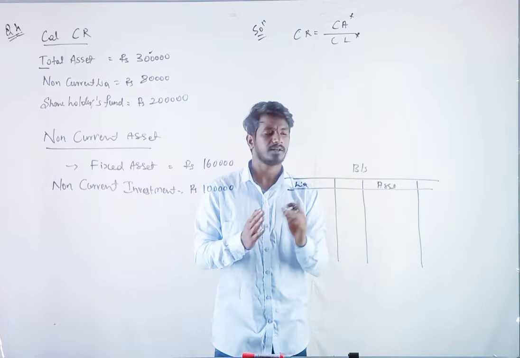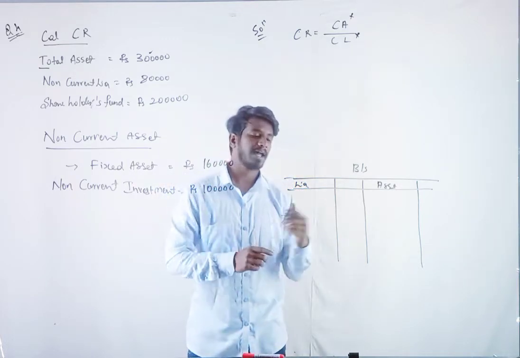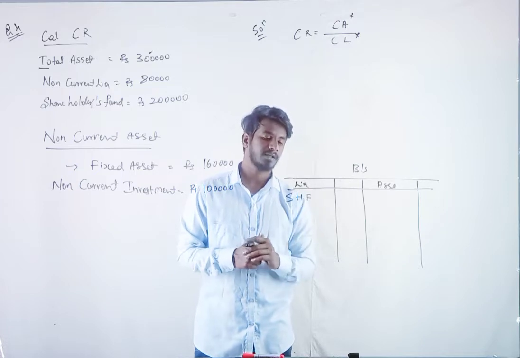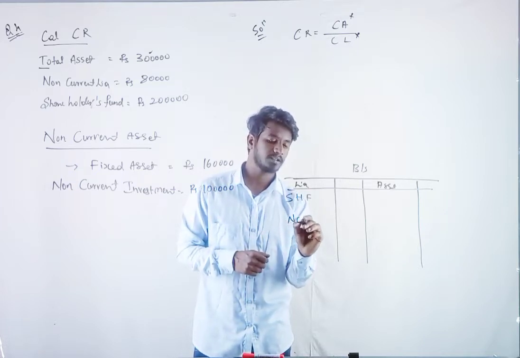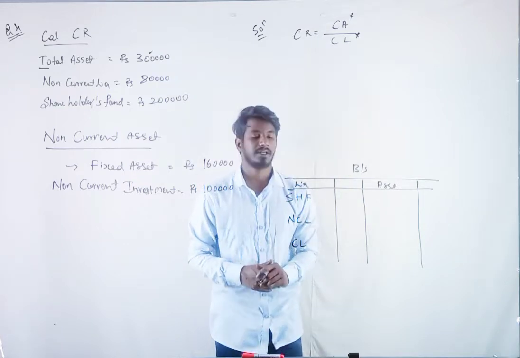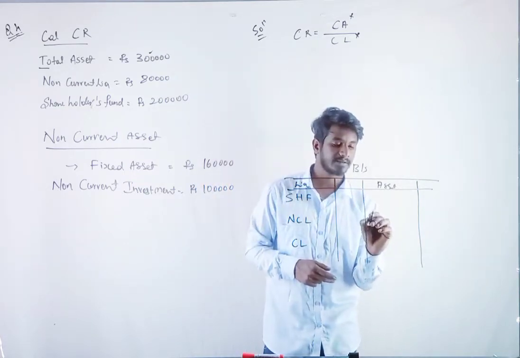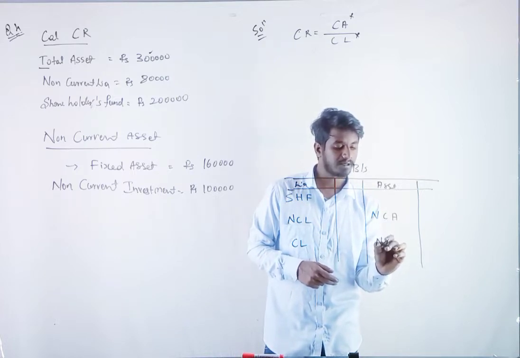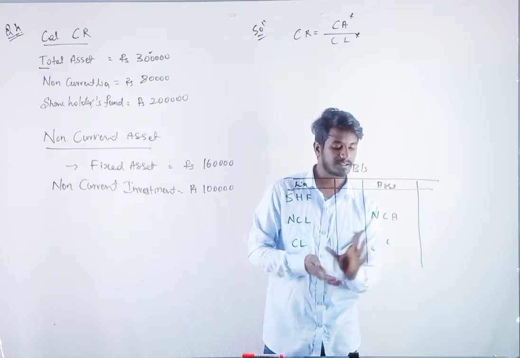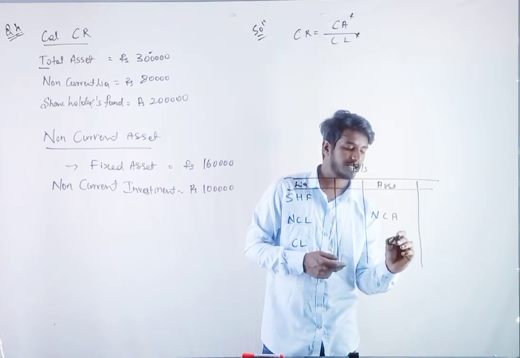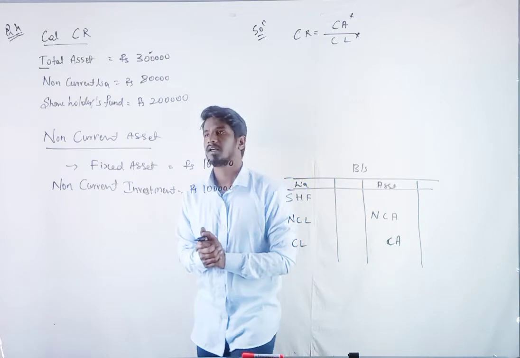In the balance sheet, first we will have shareholders fund, then non-current liability, and then current liability. On the asset side, non-current asset, and we will have current asset.